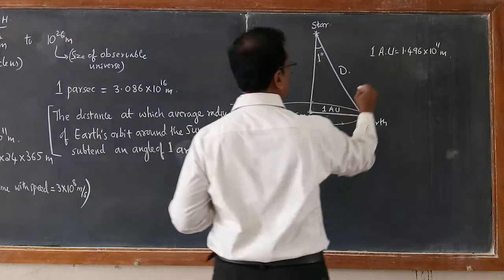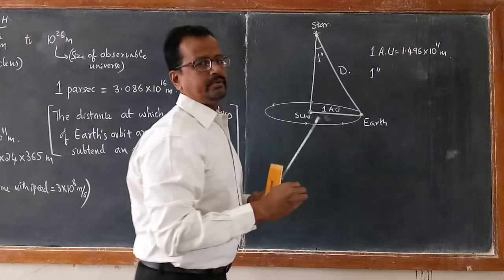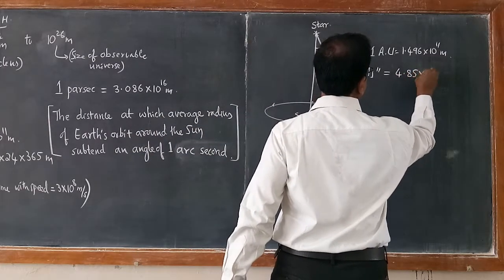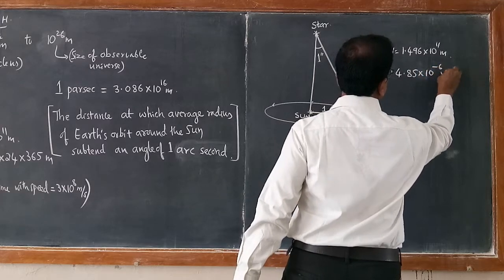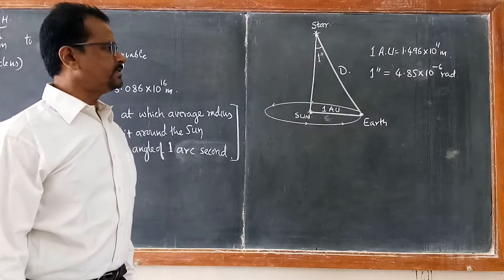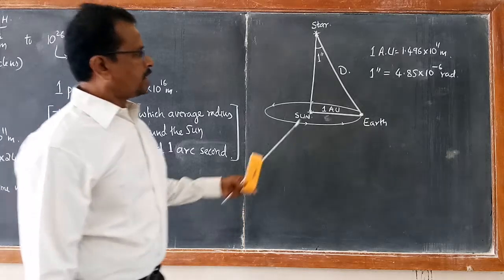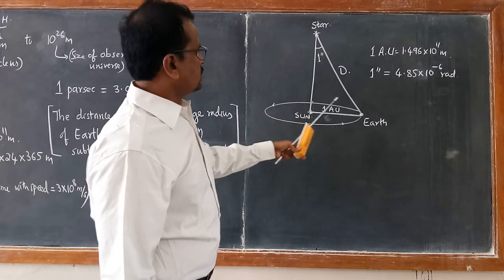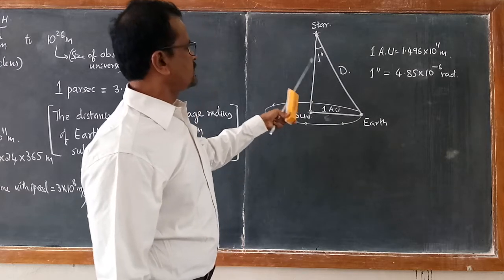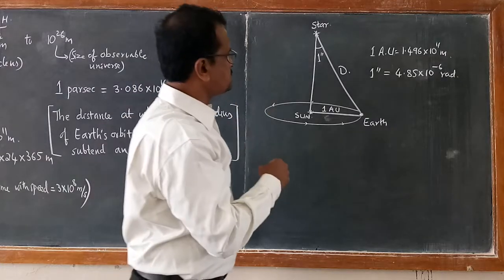And 1 second of arc, we have calculated earlier, 4.85 into 10 raised to minus 6 radian. Then, if that radius of the orbit subtends an angle of 1 second of arc, that distance is called 1 parsec. Now we can calculate what is that distance.